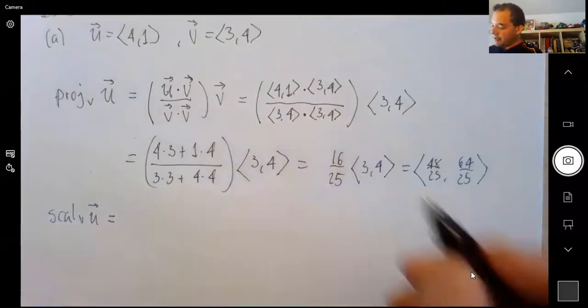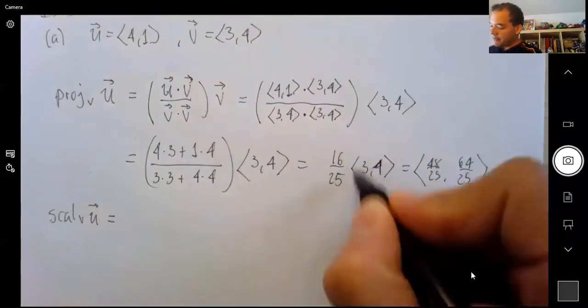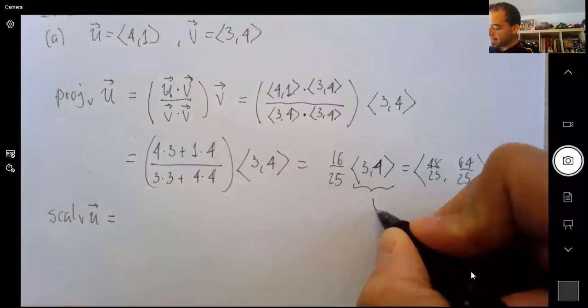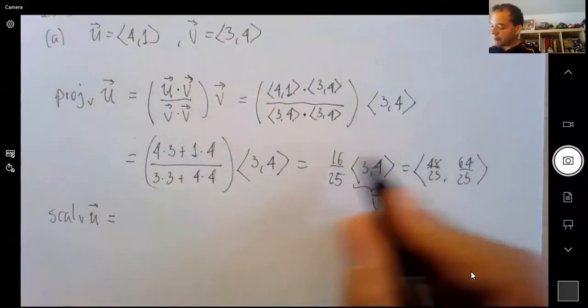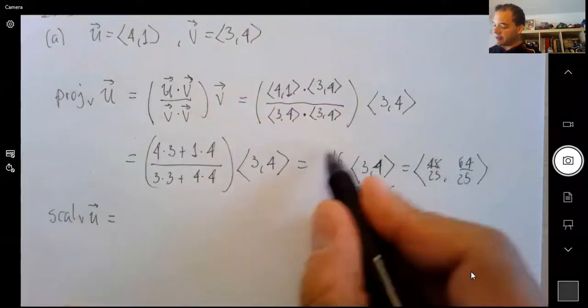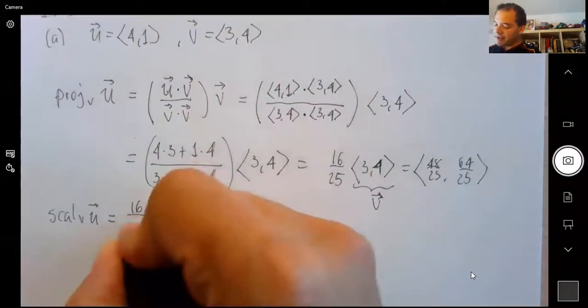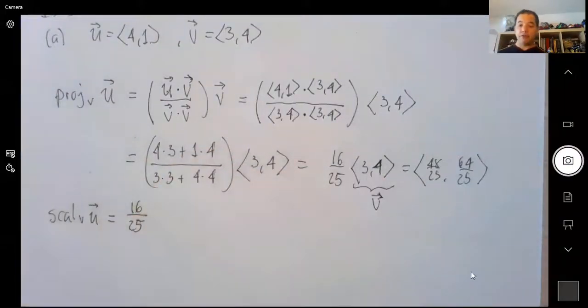What number do you multiply v by to get the projection? The number is 16 over 25. That's the easiest way, the way in which you use what you did before.